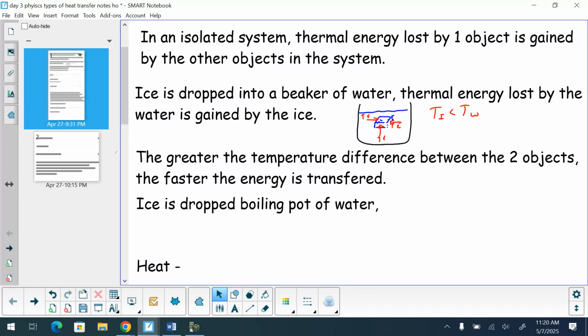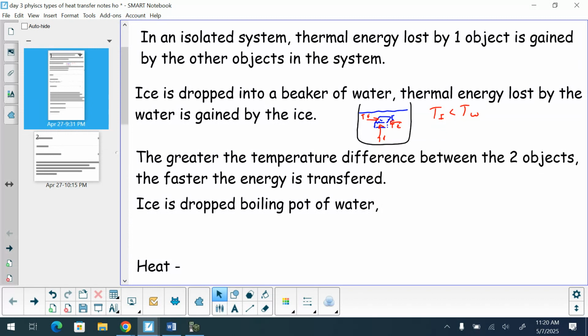If you put ice in a boiling tub of water, it will melt very fast. If you put ice in a glass of cold water from your spigot, it's not gonna melt as fast.